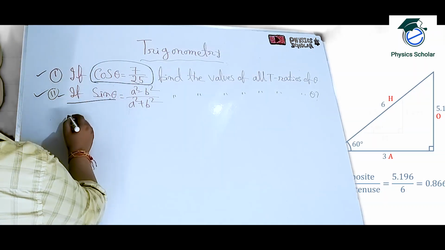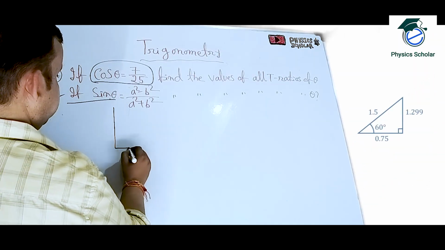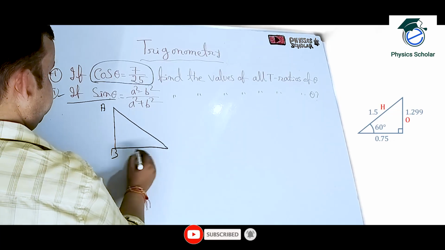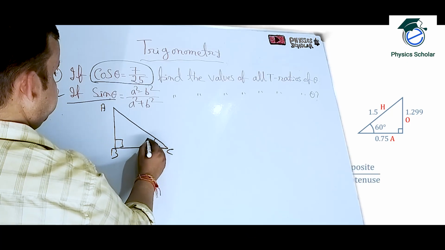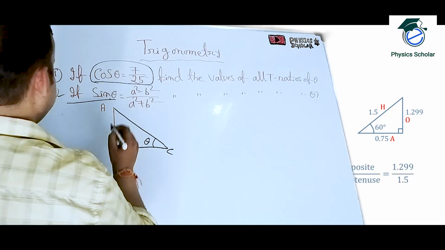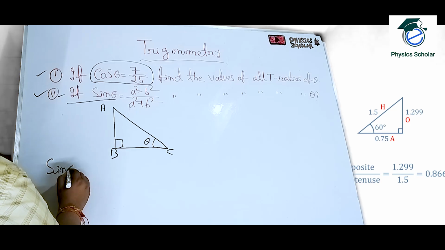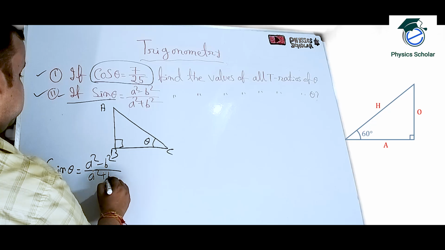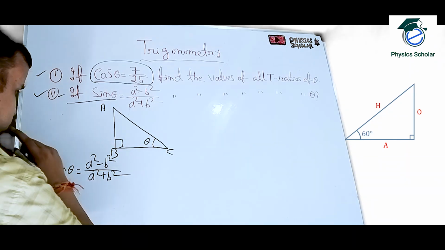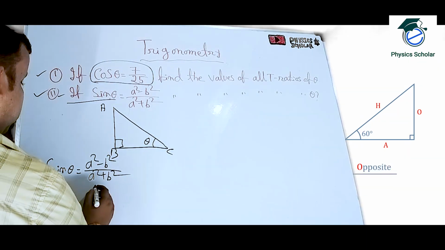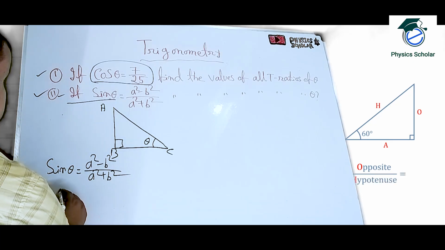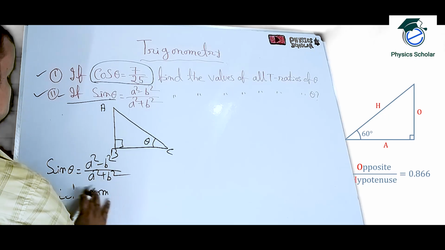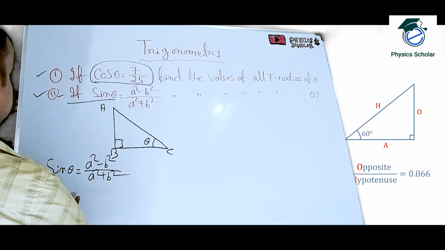Now, number 2. Next, another triangle, same method. Okay, A, B, C. It is 90 degree, so it is theta. Clear? So sin theta is given as a square minus b square by a square plus b square. Here, as it's the unknown quantity, A and B both are unknown quantities.